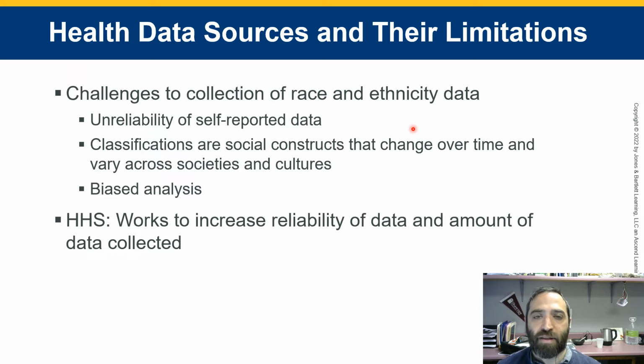Now, one of the things to realize is that it's not a perfect science in terms of collecting information about race and ethnicity, because some people will report one thing in one form and then write another thing in another form. Some people will leave it blank. So it's not always the most reliable thing. Also, again, to reiterate, these are social constructions and they change over time.